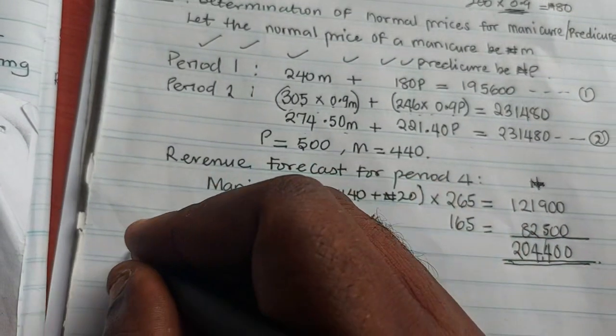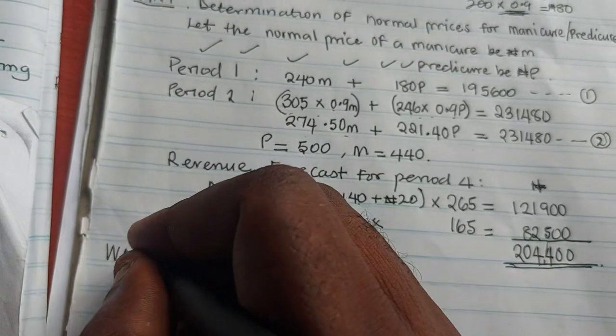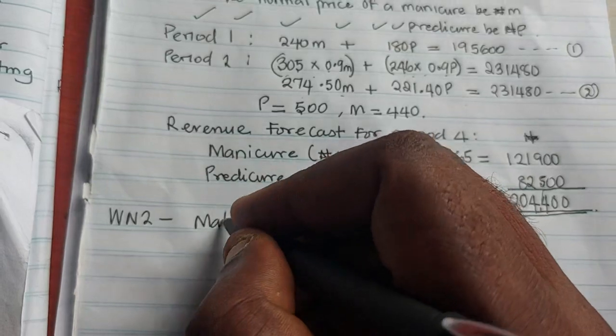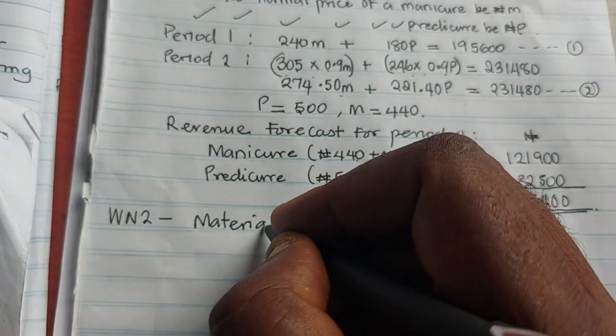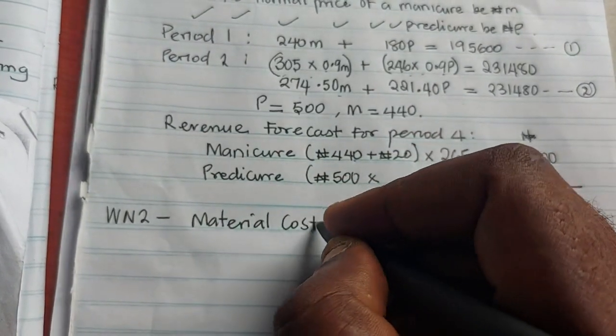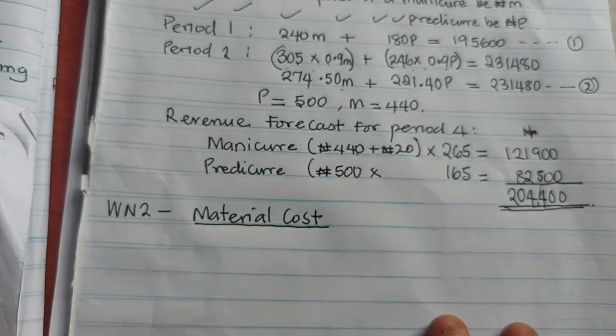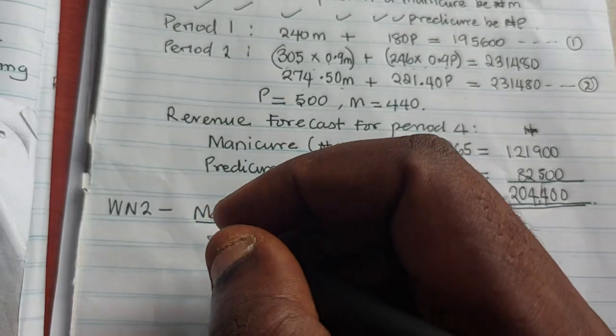So for the material cost, that's working note 2. For the material costs, what do we have?